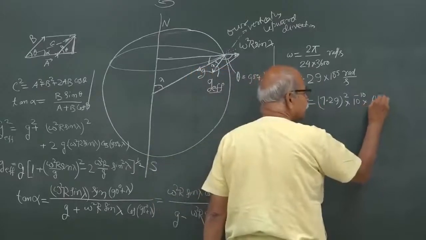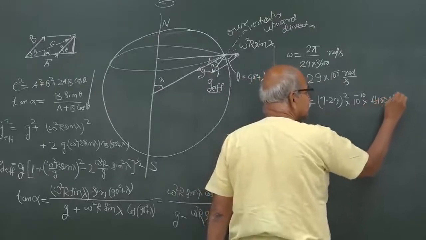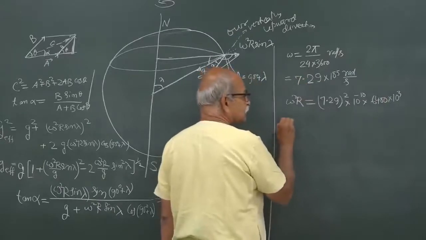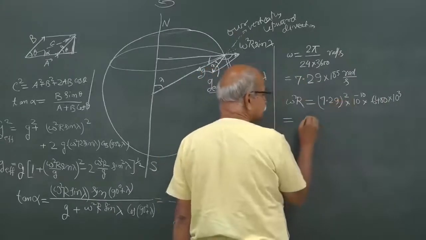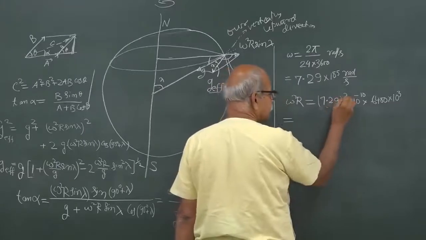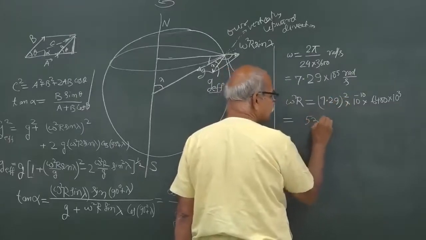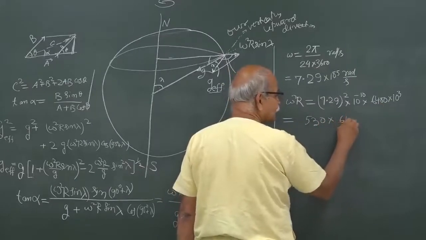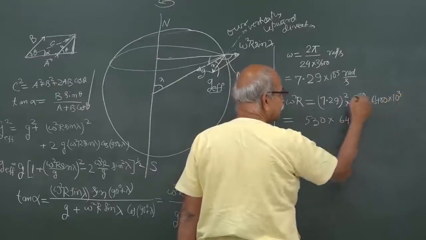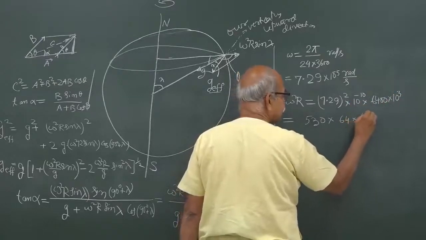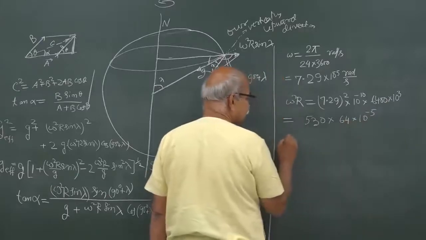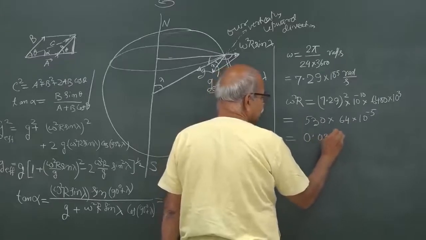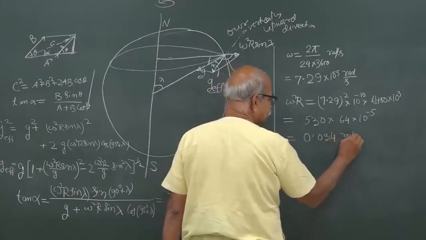So, 6400 kilometers into 10 power 3 meters. So, this quantity is something like 53.0 into 64, and then 5 here and into 10 power minus 5. So, that is omega square r, and this turns out to be 0.034 meter per second square.